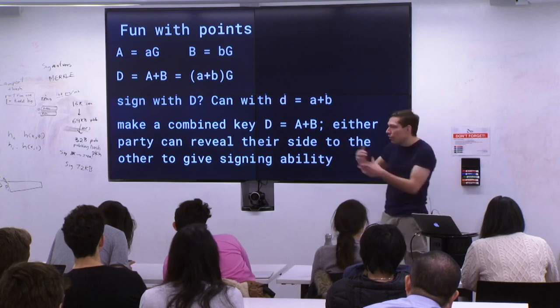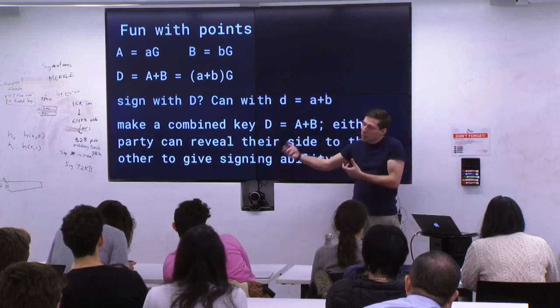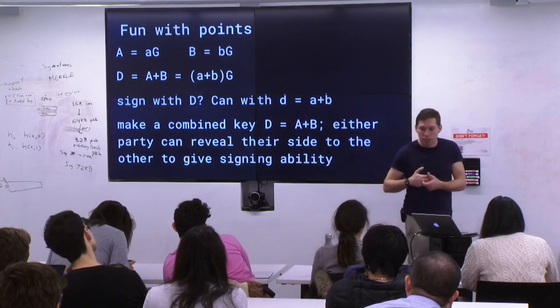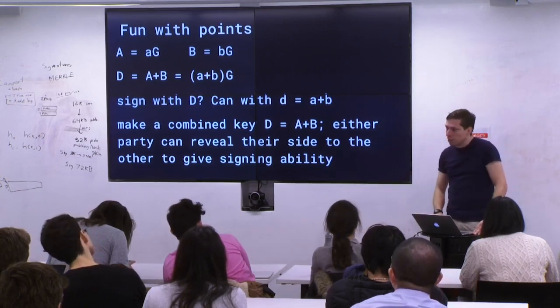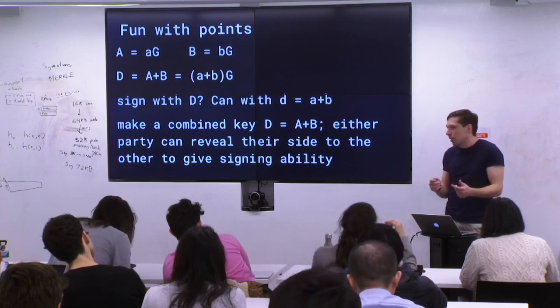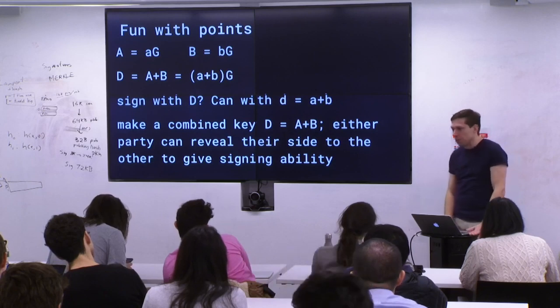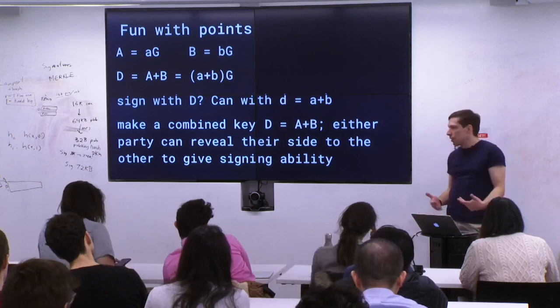So I'll give you the private key to D from some information I have, or you could give me the private key to D by sharing little a with me. So this is another useful thing where both parties know that neither party can sign unless they give them something. And you can use that for Bitcoin addresses, things like that.